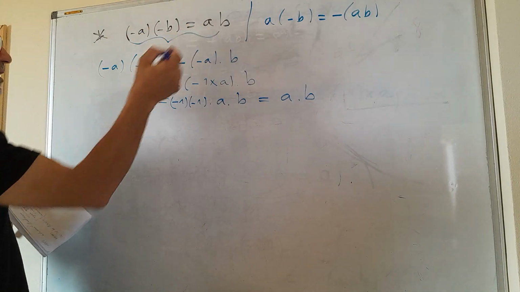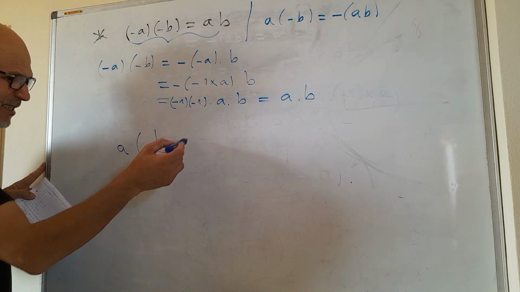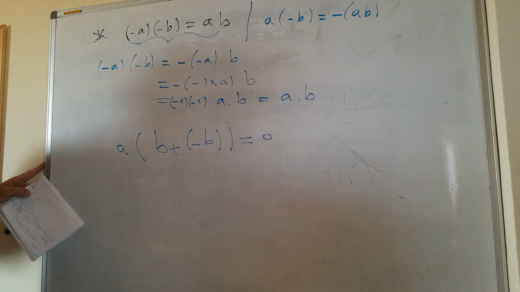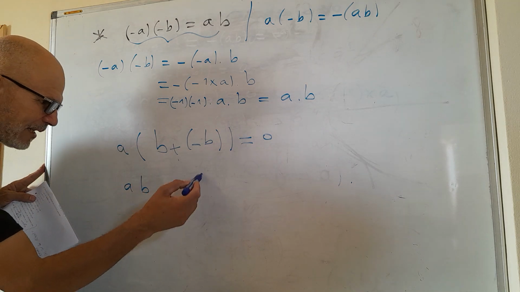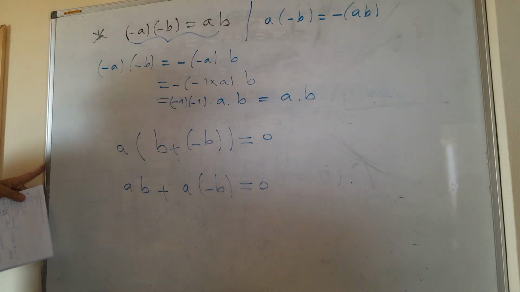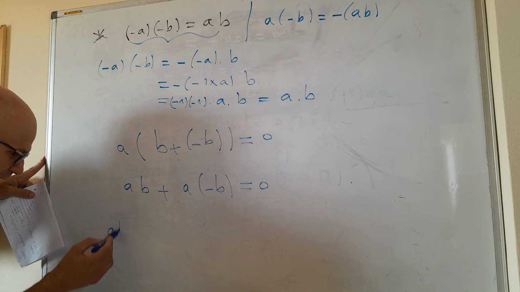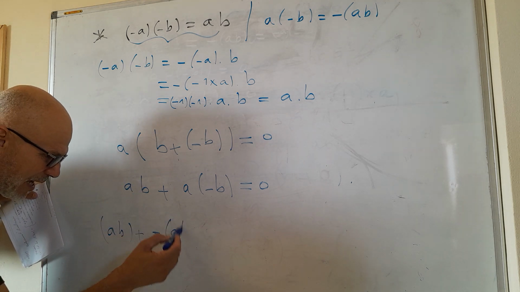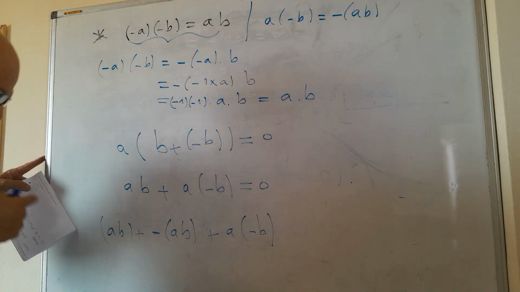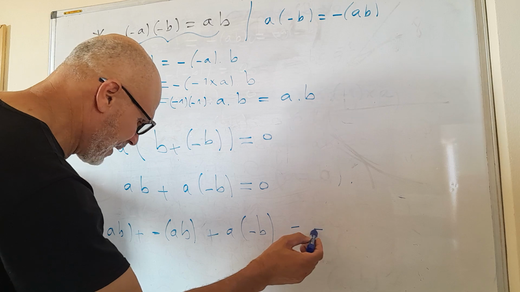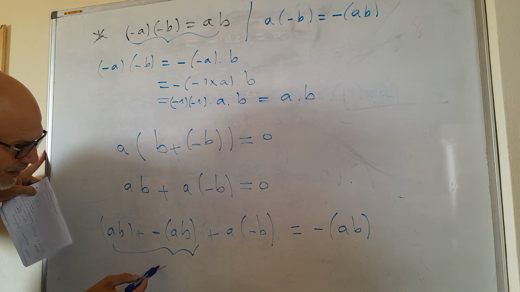Starting from this, we can write ab plus a(-b) is equal to 0, and here we have ab plus a(-b) is equal to 0, and we add to both of the equations -ab, and at this level this is equal to -ab. From this side, this is equal to 0.